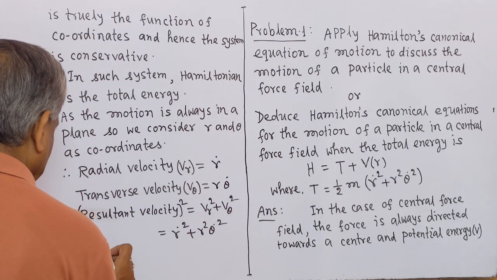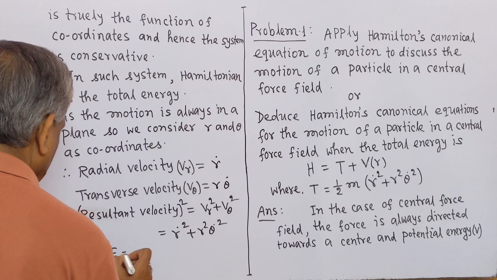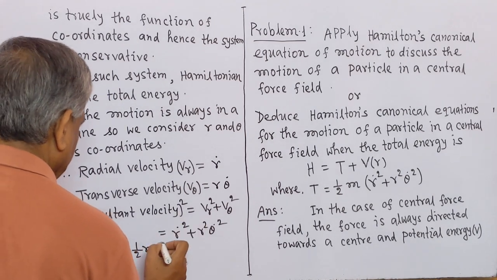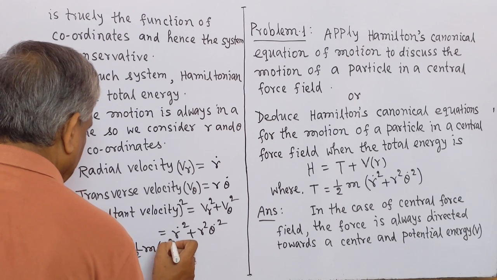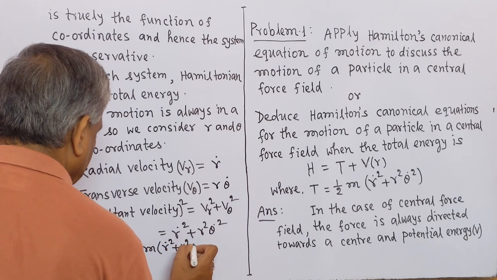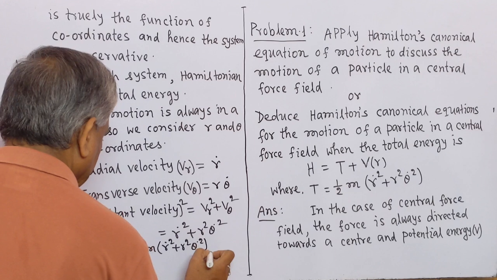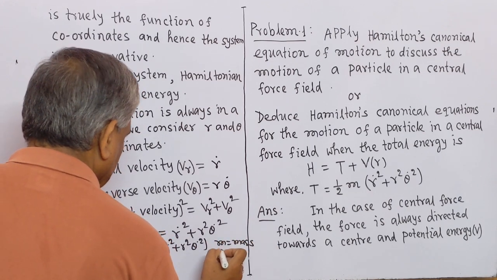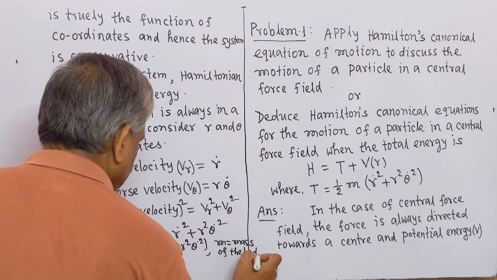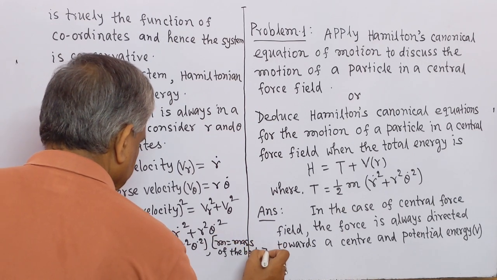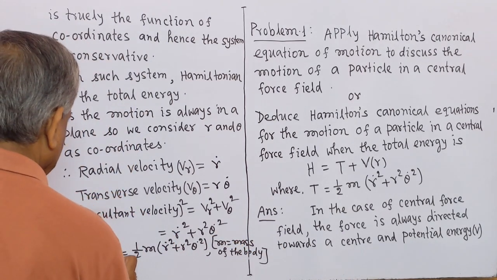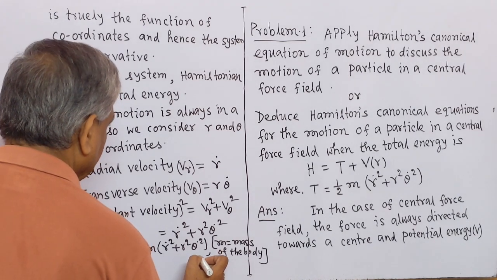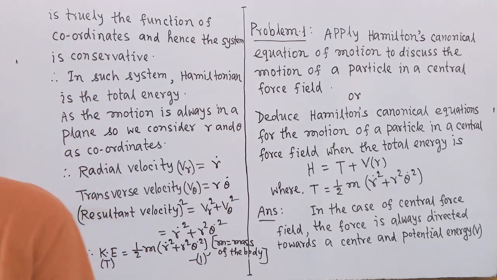Therefore, kinetic energy will be half m velocity square, that is half m (r dot square plus r square theta dot square), where m is the mass of the body. This kinetic energy is denoted by T. Let this be number 1.